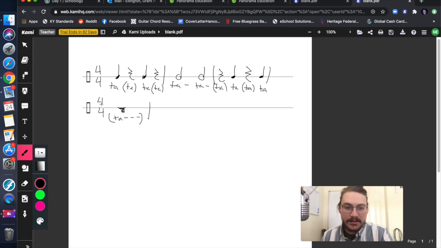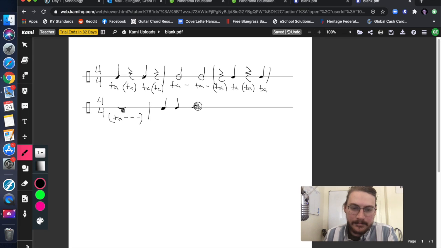Half rest. Let's do something with a half rest. So we got a quarter note, and then it looks like a hat. Because half and hat. Let's write it in first. So we got ta, ta, silence.